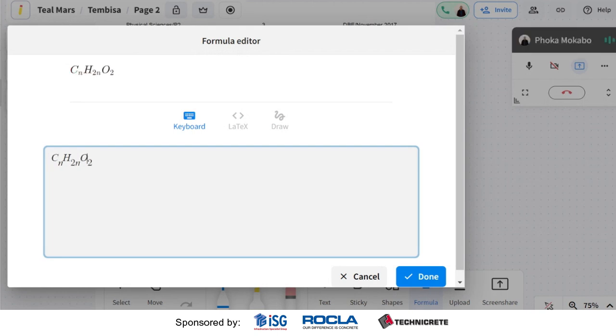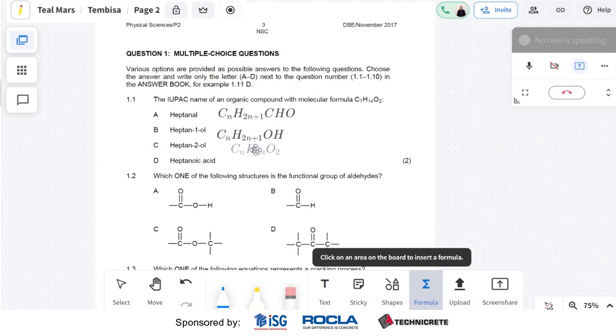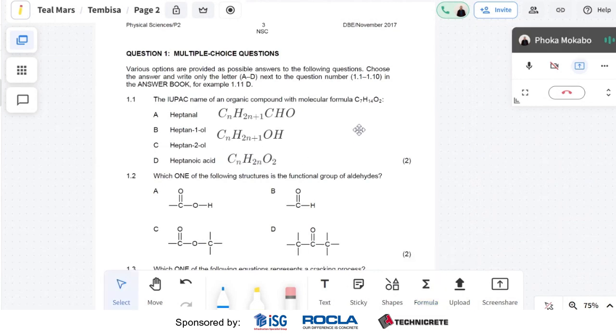Okay, and one of these definitely has to satisfy the molecular formula C7H14O2.